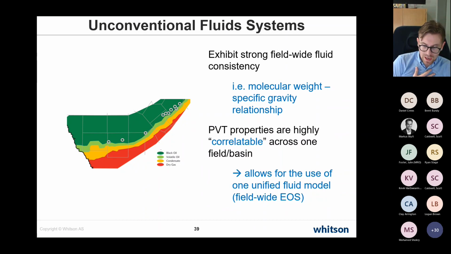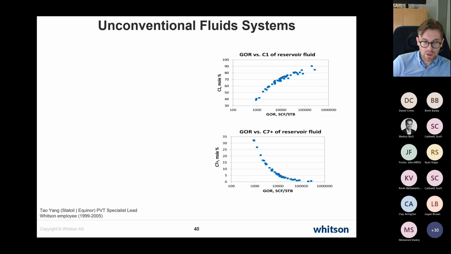But this is the reason. I'm not a geochemist or anything like that, so I won't try to explain the reasons why it's so consistent. There have been a few attempts in the literature explaining why it's so consistent. One is from Equinor, who showed all their work in the Eagle Ford.